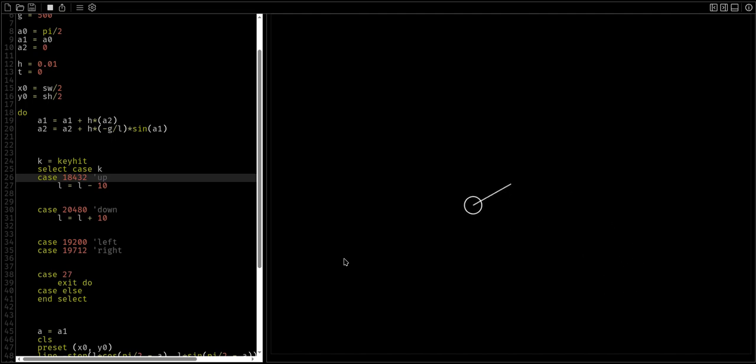Like this should be spinning all over the place, and this should be spinning very slowly, the long rope. But that's not what's happening here.